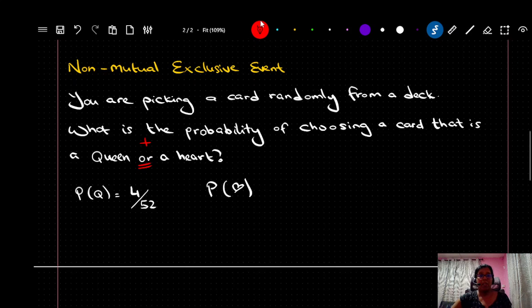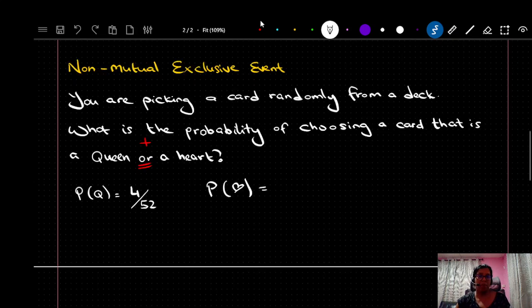Now, what is the probability of having a heart in a deck of cards? In fact, hearts are kind of numerous in a deck of cards. You have from number 2 to number 10, so it means you have 9 cards. Each one of them has a heart sign, so 9 cards. And then you have the ace, king, queen, and jack.